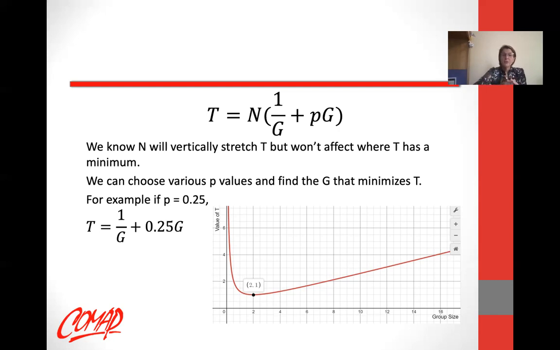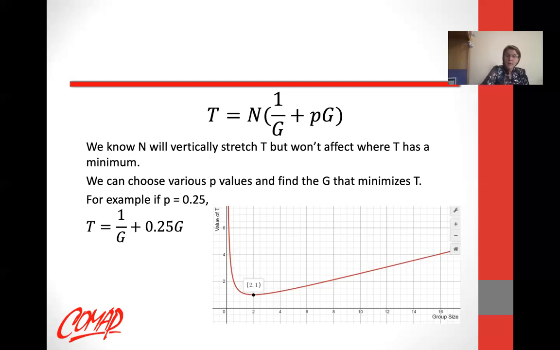If you look at this and choose a particular p-value, this is another activity that you could do with your students. You could say, if we're in groups, I'm going to give each group a different probability value, and I'm going to ask you to give me the optimal group size for your value of p. And that will vary.